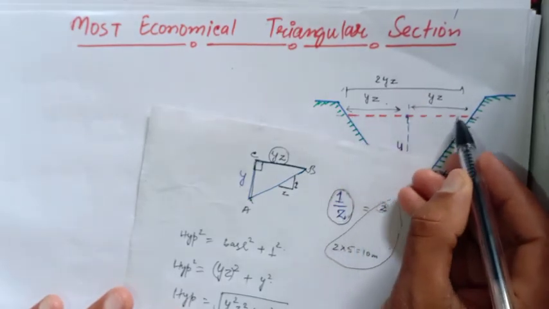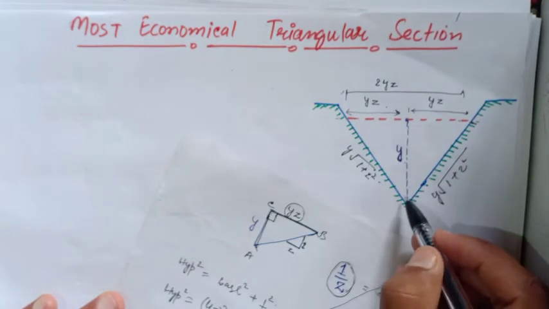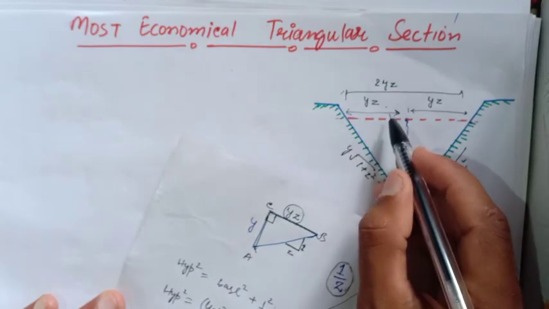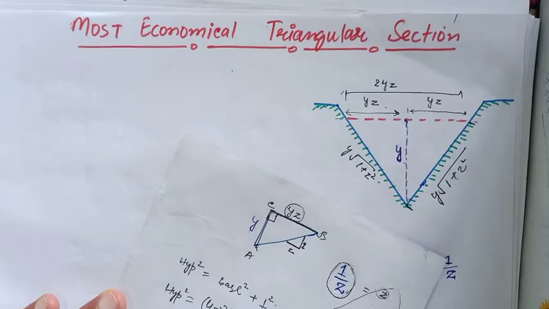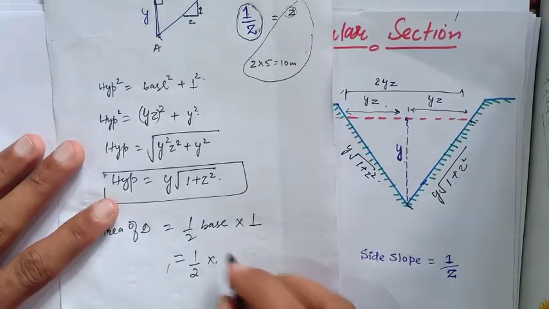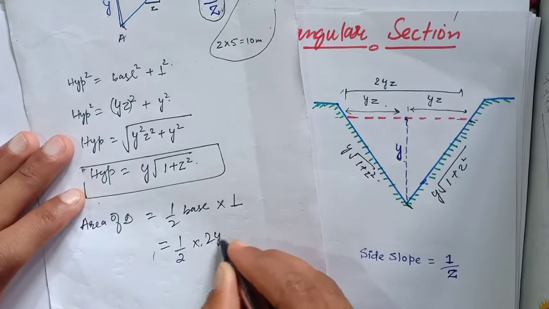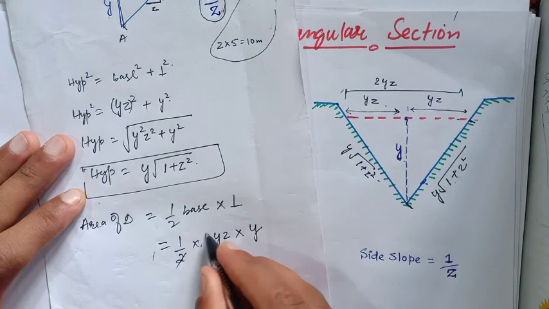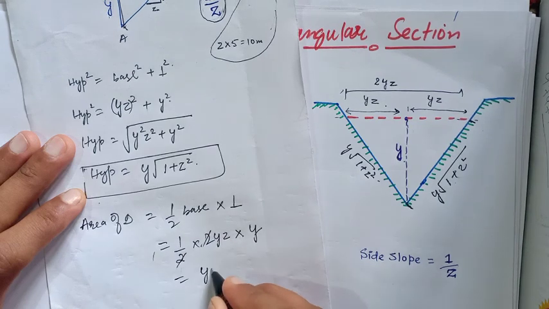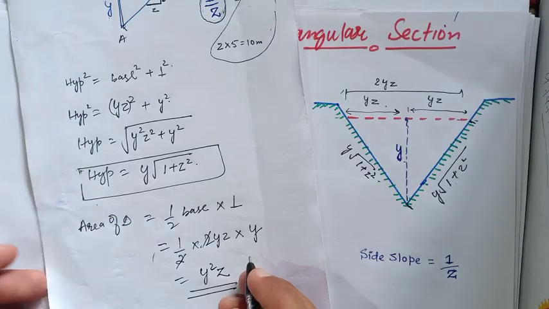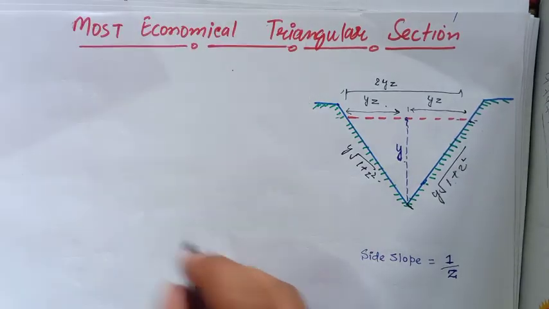If we take this as the base and this y as the altitude, our base is twice yz into perpendicular y. So this 2 and 2 get cancelled out, and y square z will come out as the area.